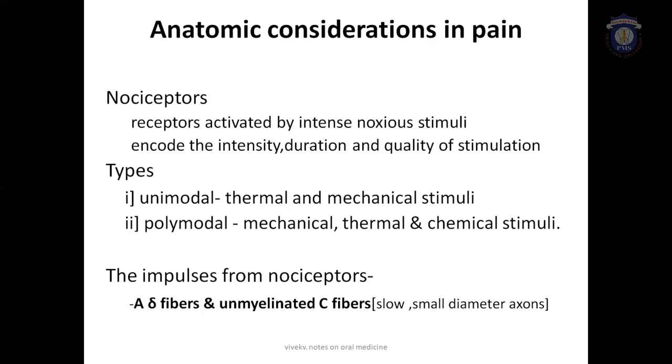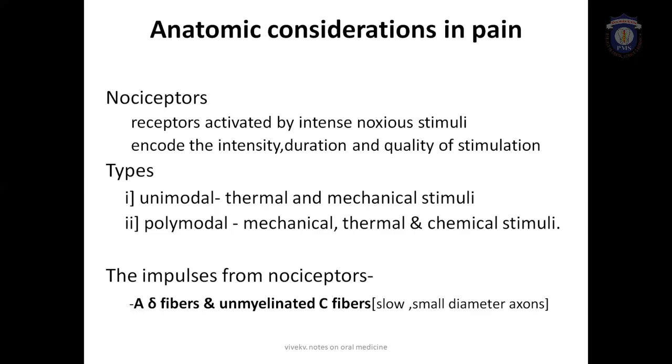Nociceptors are receptors that are activated by intense noxious stimuli. And nociceptors encode the intensity, duration, and quality of the stimulation. All these, that is intensity, duration, and quality of stimulation, are in turn converted into signals that may qualitatively and quantitatively define a painful stimulus.